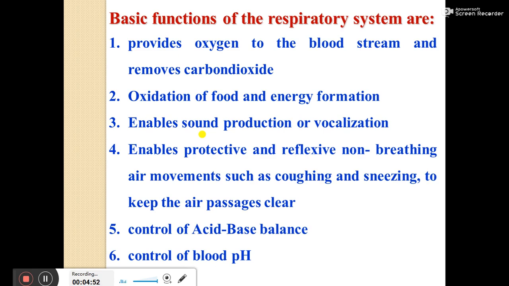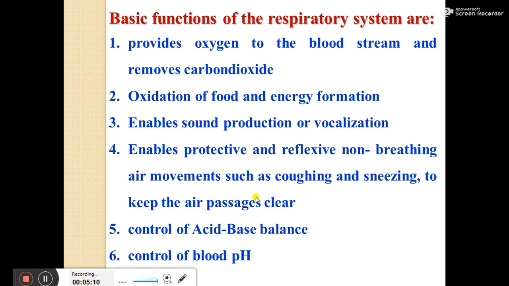So the acid and base balance, or blood pH, indicates that the normal pH of blood is maintained, and the respiratory process plays a very important role in maintaining the normal pH.